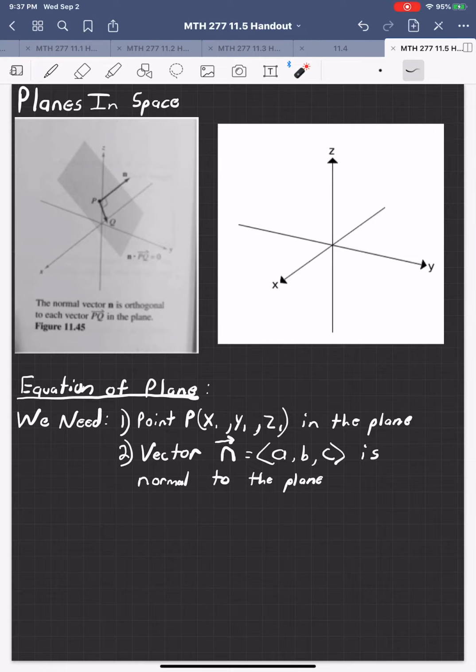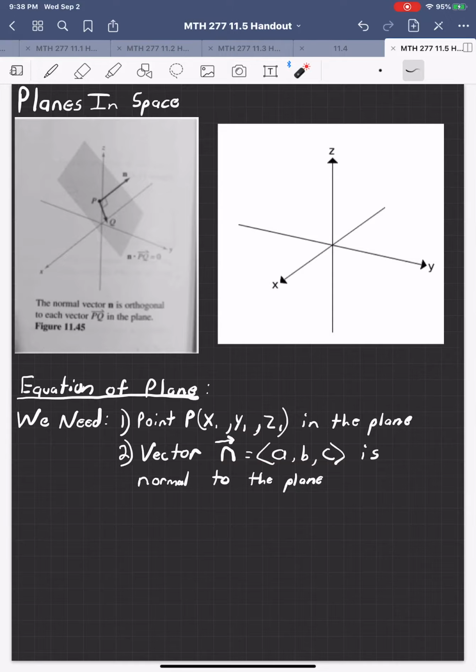And since the plane is going to travel perpendicular to itself, I'm going to need to know whatever vector this is that's normal to the plane. So I need a point, and I also need a vector. And this vector we require, instead of calling it vector v, we'll call it vector n, because we need this vector to be normal, perpendicular to the plane. All right, that's what we need.